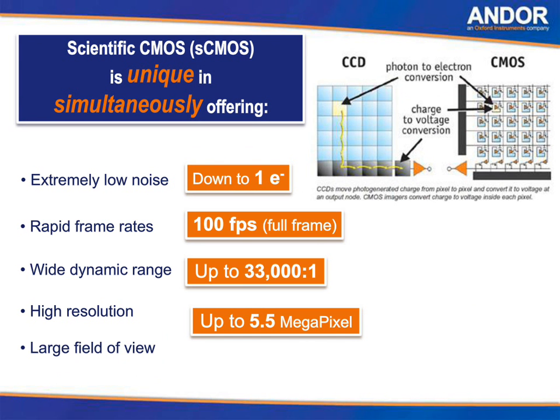If we move to the CMOS structure, it enters into effectively the pixel, but then can be read out through a buried channel immediately. So you no longer have to clock the charge all the way through the surface of the sensor, but you're able to bring it in and move it. So that is a CMOS structure. So what is a scientific CMOS?